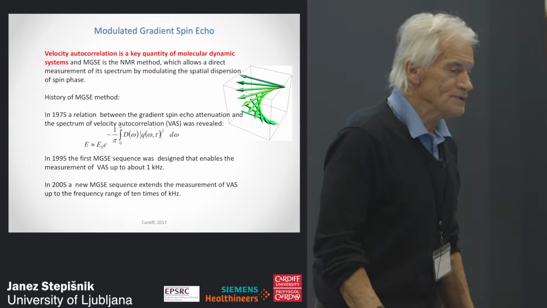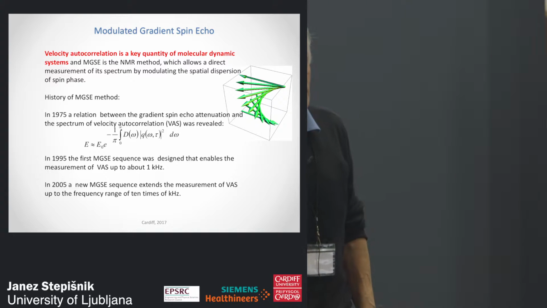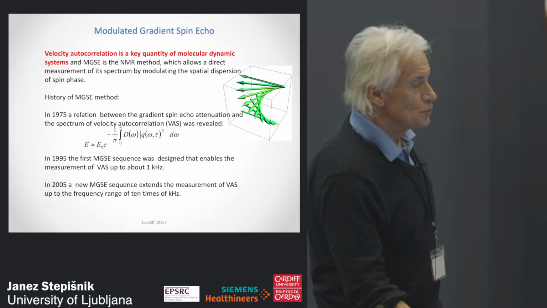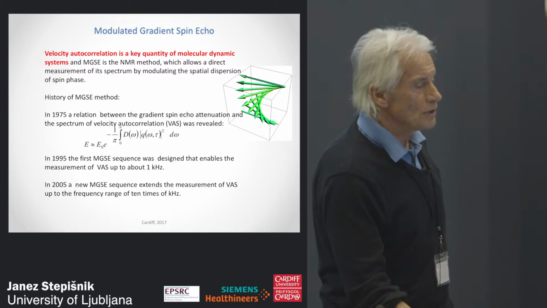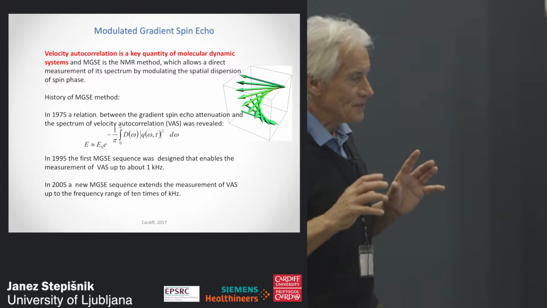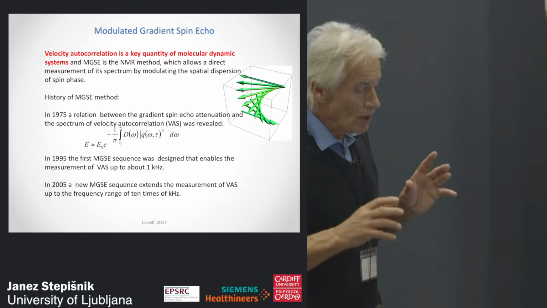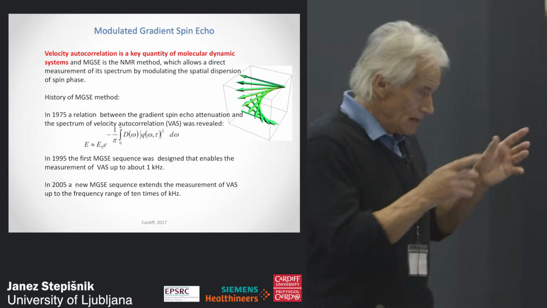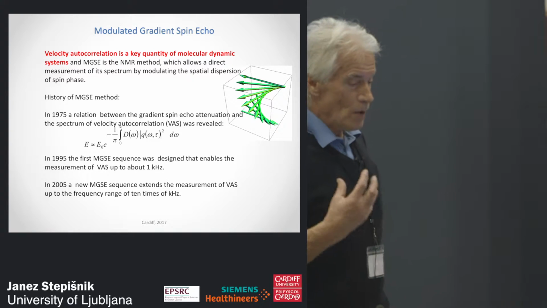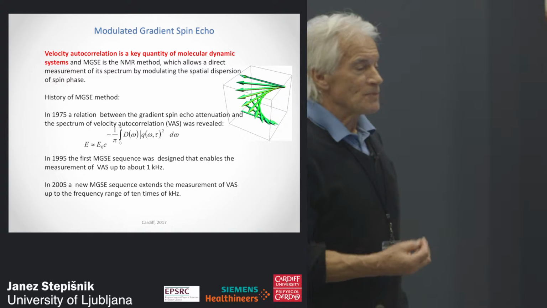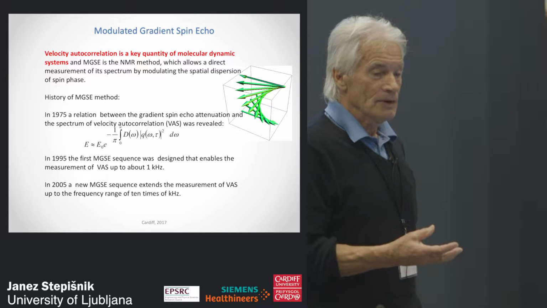What is the modulated gradient spin echo? This is a technique which makes it possible to measure the velocity autocorrelation function. This quantity is the key quantity for molecular dynamics in the system. And NMR with modulated gradient is one of the rare techniques which makes it possible to measure this quantity directly.